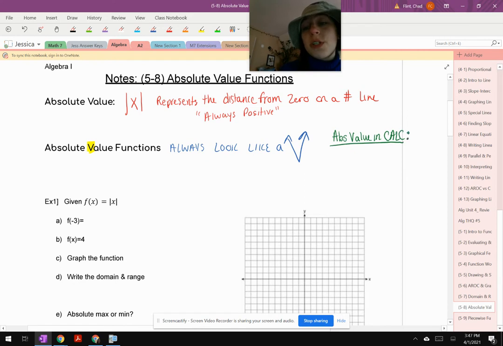Alright, so to get to the absolute value function in your calculator, you need to first hit the math button. And then you're going to arrow over to the choice that says NUM for number. And then you'll choose the first choice. It says ABS, and it'll have an open parentheses.